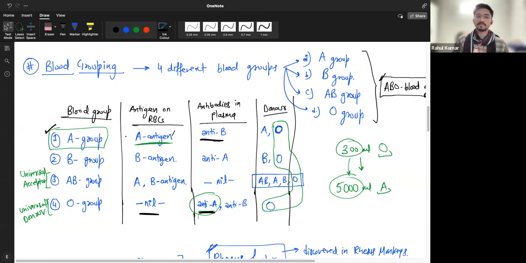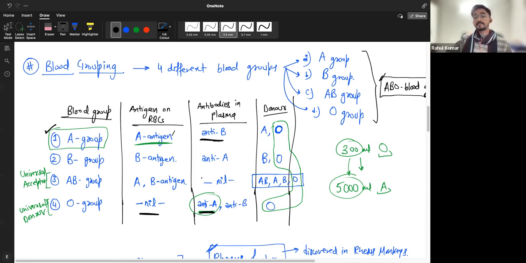Yes, it will go and bind to some of the A antigen and start killing, but that's a relatively slower process. 250 cc of blood cannot kill all the A antigens in a blood group. So it will happen, but it will be very slow, so the body can cope with that. Do you understand? Yes, sir. Does that answer your question? Is there any doubt still?